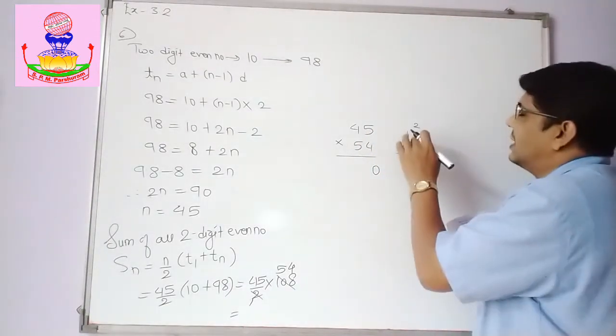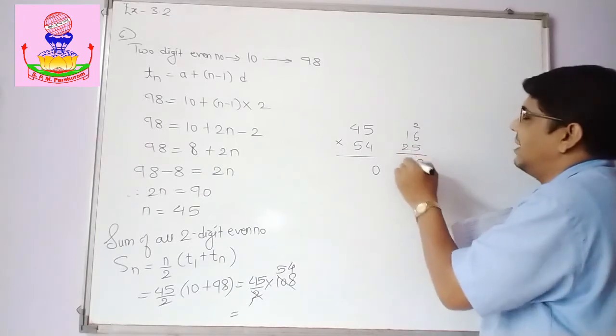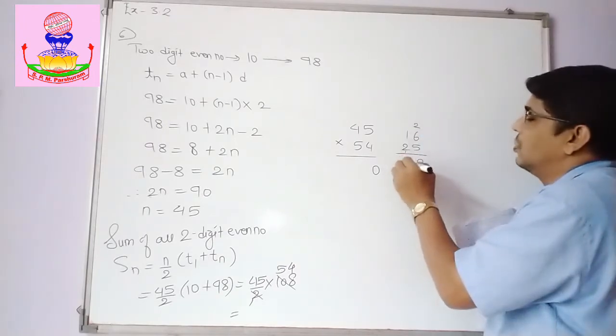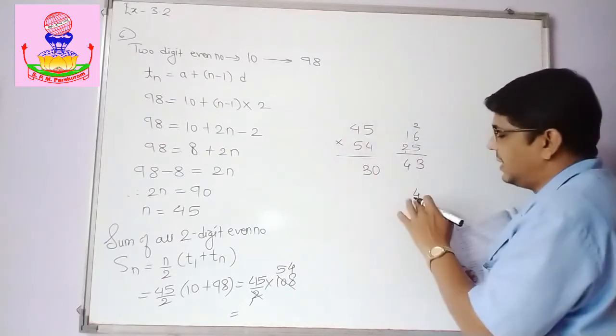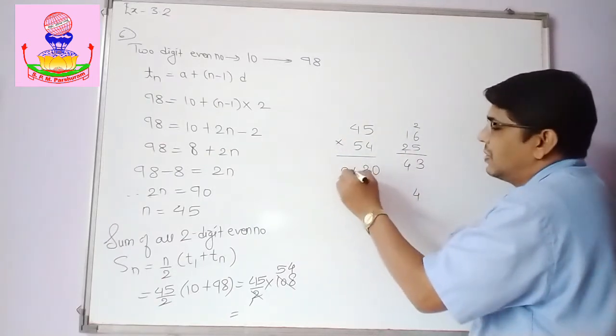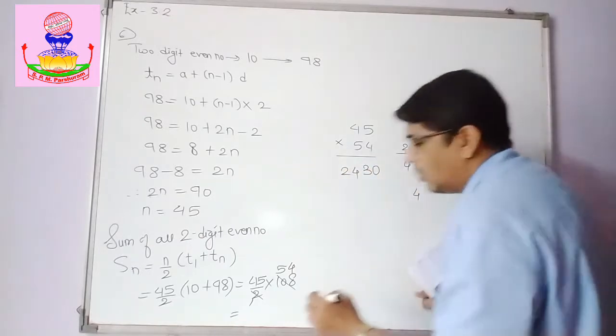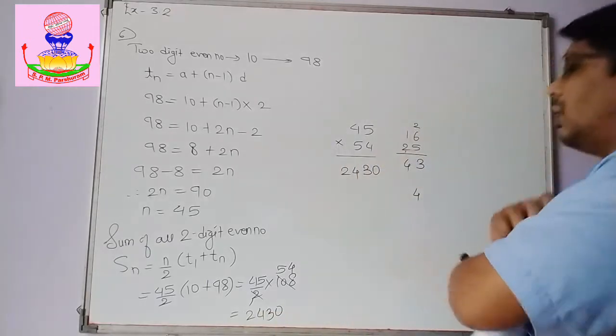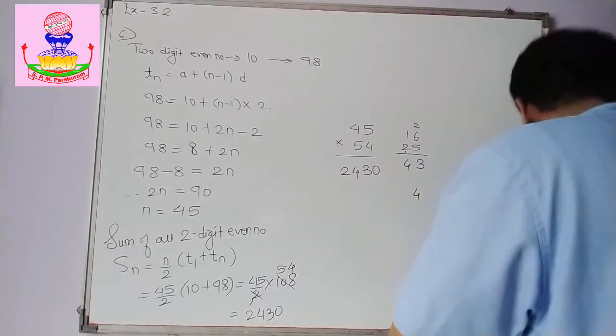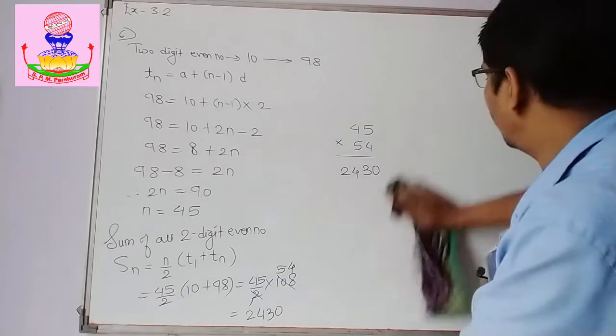Add them all. So 6 plus 5, 11 plus 2, 13, 3 carry 1. 1 plus 2 plus 2, 5. Now 5 4s are 20 plus 4, 24. So 2430. That is the sum of all two-digit even numbers.